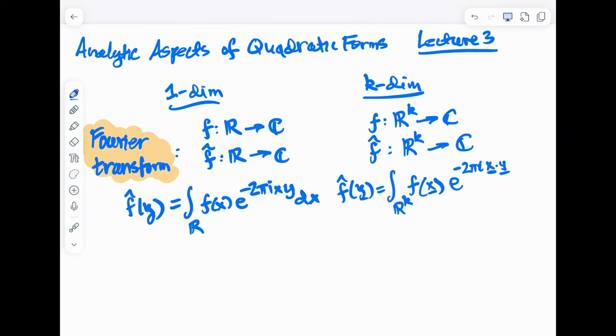So in the one-dimensional case, it's just a simple product. If you use the dot product notation, it generalizes in a very natural way.